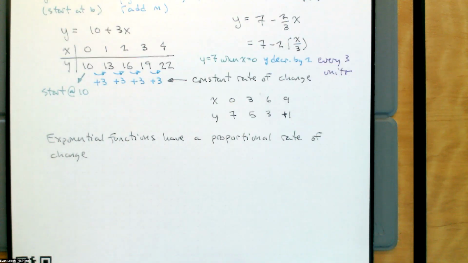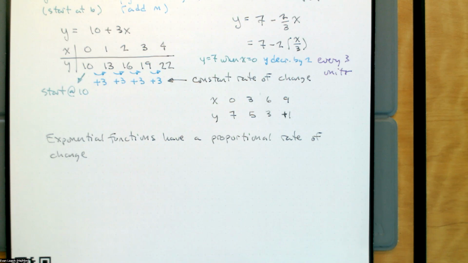Exponential functions are also another well-understood function for us. We know that exponential functions are changing through multiplication. And the way we would describe that in terms of rate of change, exponential functions have a proportional rate of change.